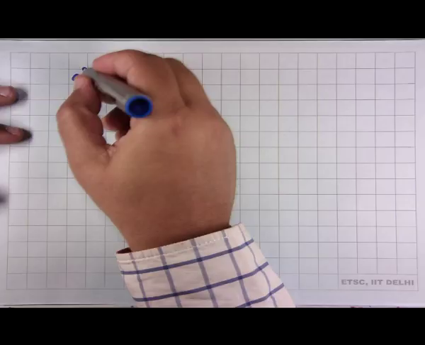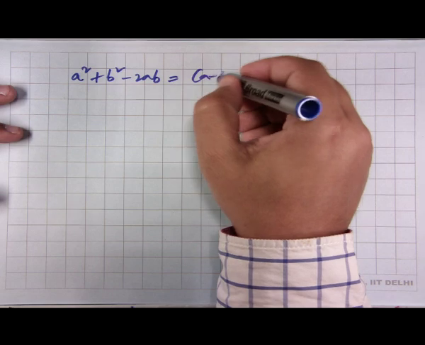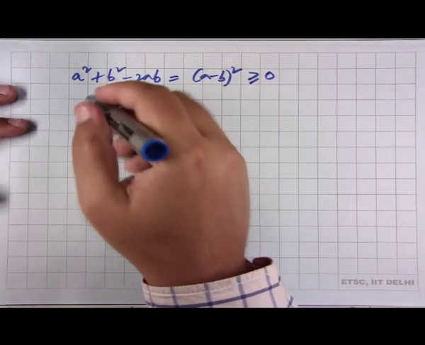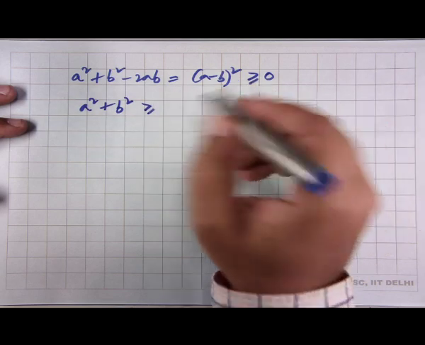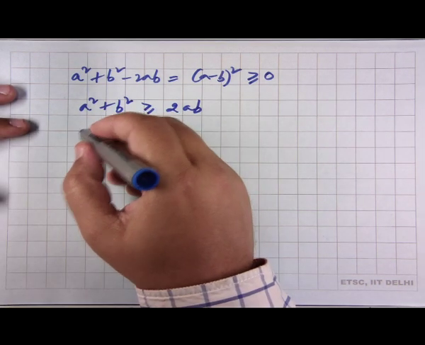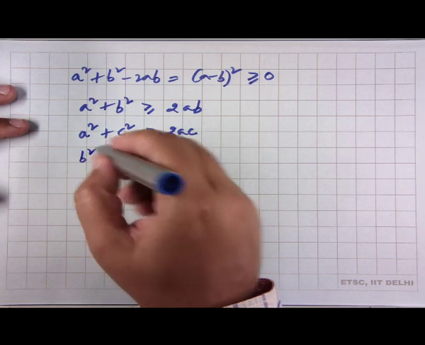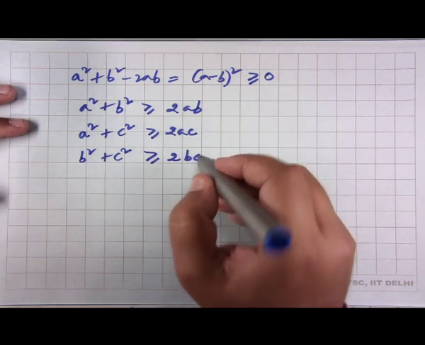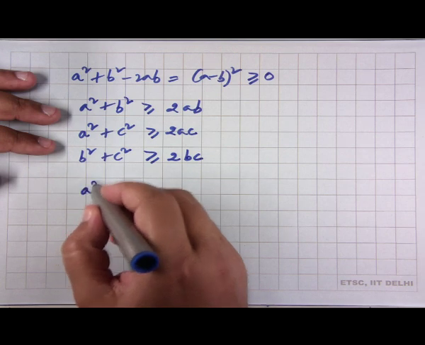So, we know that A square plus B square minus 2AB, which is actually equal to A minus B whole square, is always non-negative, and from here what we get is that A square plus B square is greater than or equal to 2AB, and similarly we get A square plus C square is greater than or equal to 2AC, and B square plus C square is greater than or equal to 2BC.